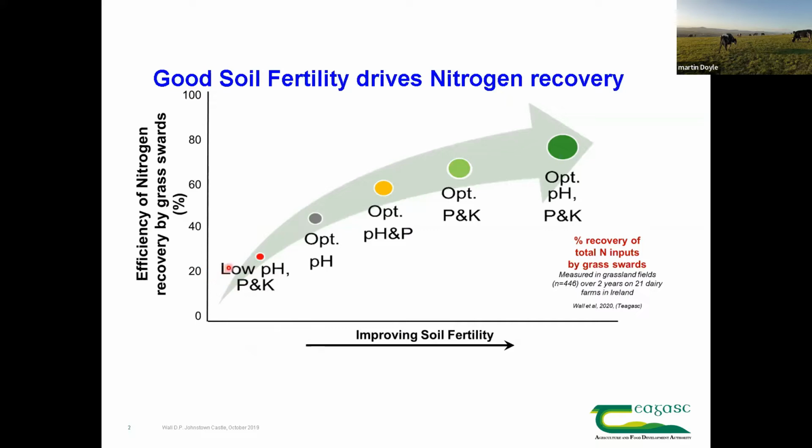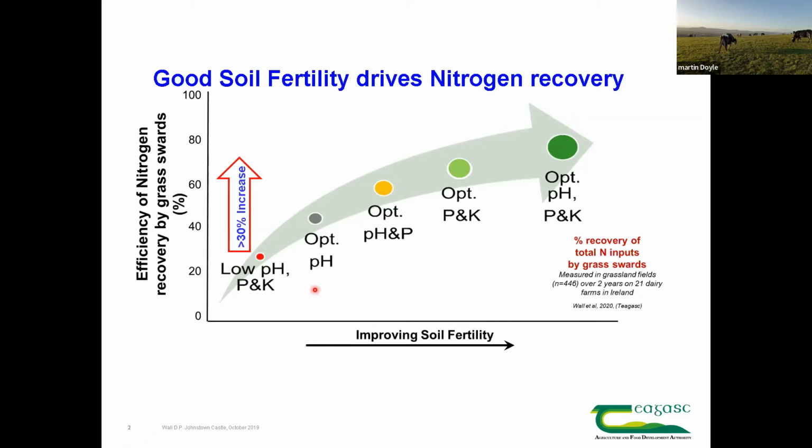our return on nutrient use efficiency after putting out 100 kilograms of nitrogen on the grassland is low. It's coming in at something like 35%.